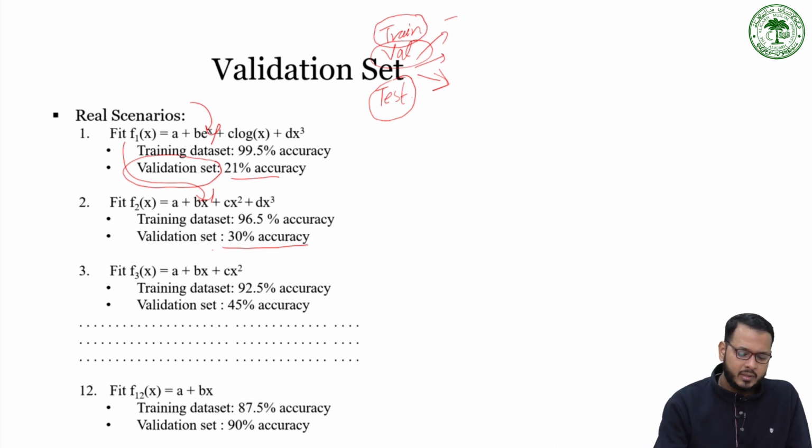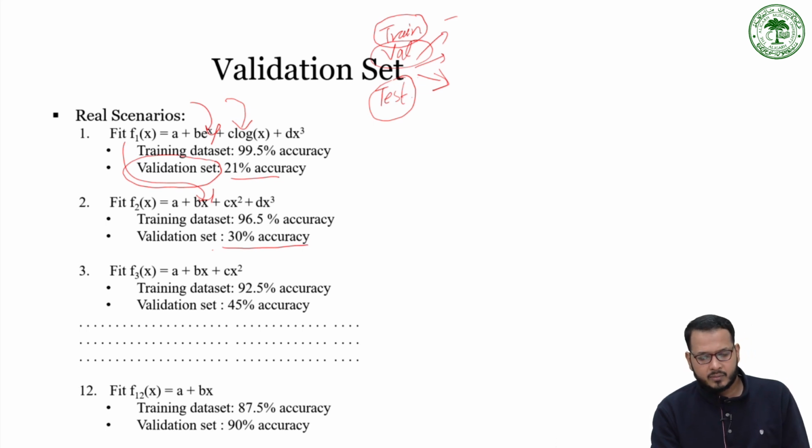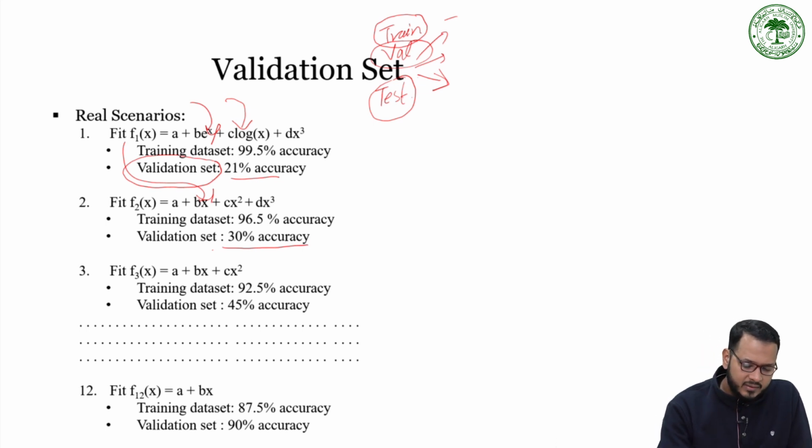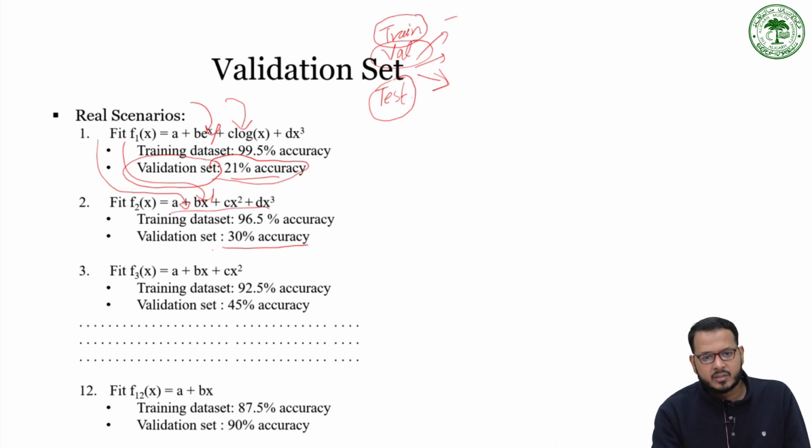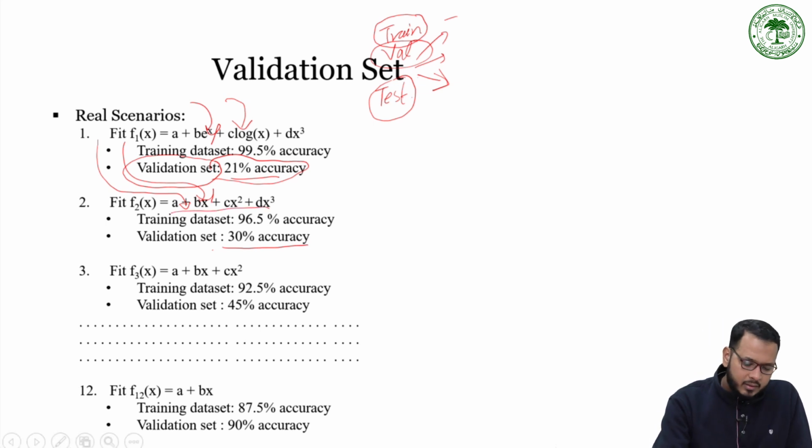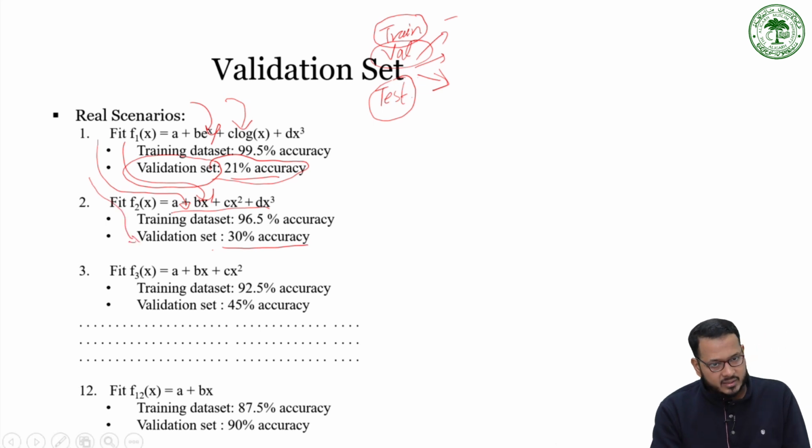Let's see this. So we started with this complex model. We tested on the validation set, its performance was not good. So we changed the model, we reduced the complexity. We considered a simpler model this time. And we supplied our validation data set once again, not the testing data set. The performance improved, but is still not up to the mark.